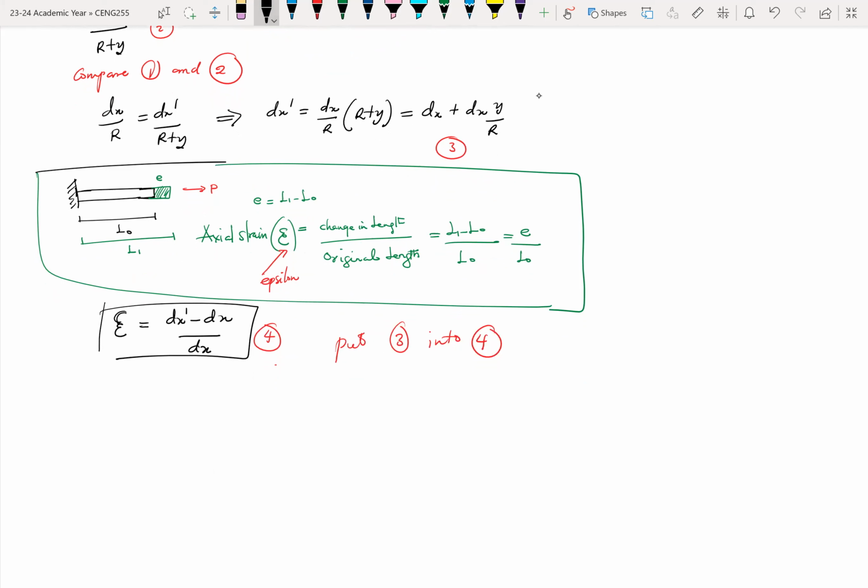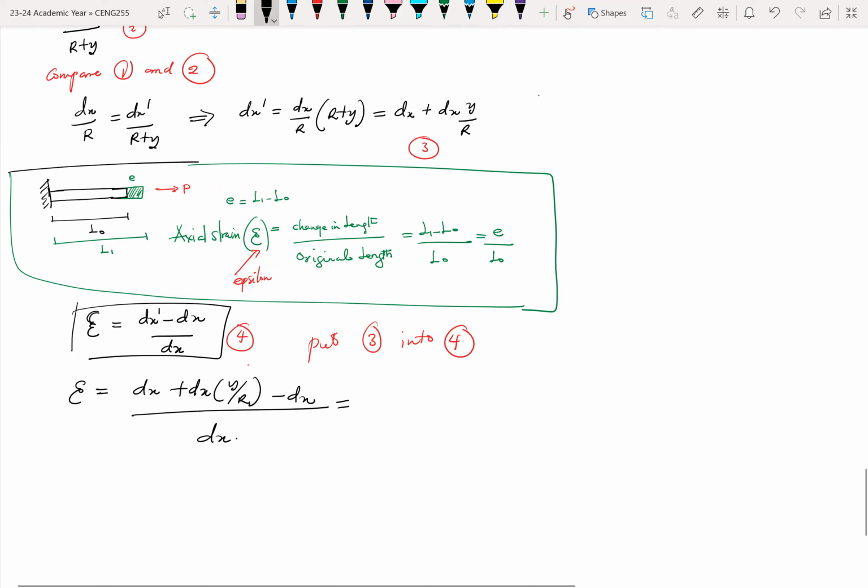So that will give me, wherever I see my epsilon, my dx prime is dx plus dx y over r, minus dx, all over dx. So the equation will reduce to dx y over r divided by dx, which is the same as y over r.